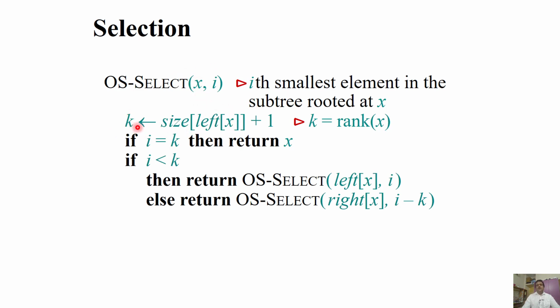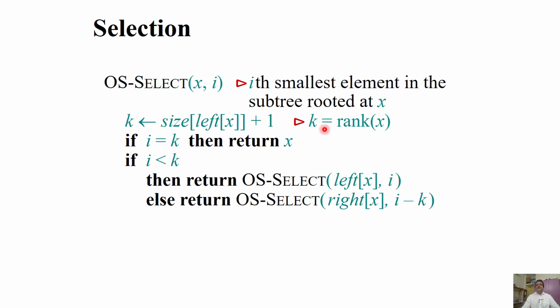Now, k is defined as the size of the left plus 1. That means in the in-order traversal, first the left will be printed, then the root. So size of left plus 1 is nothing but the rank of x, the root.